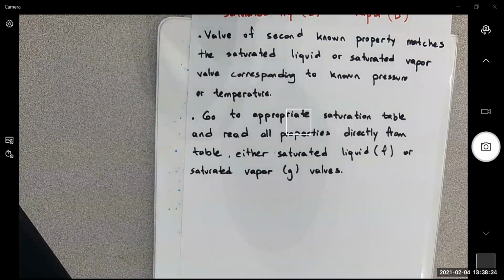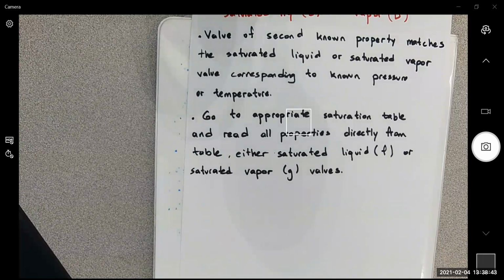Can you see it, right? Okay, under the file, tables, you have two different property tables.